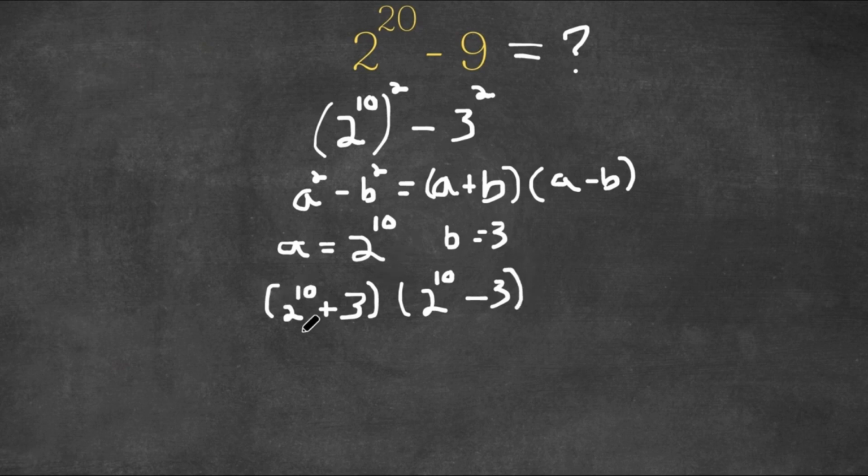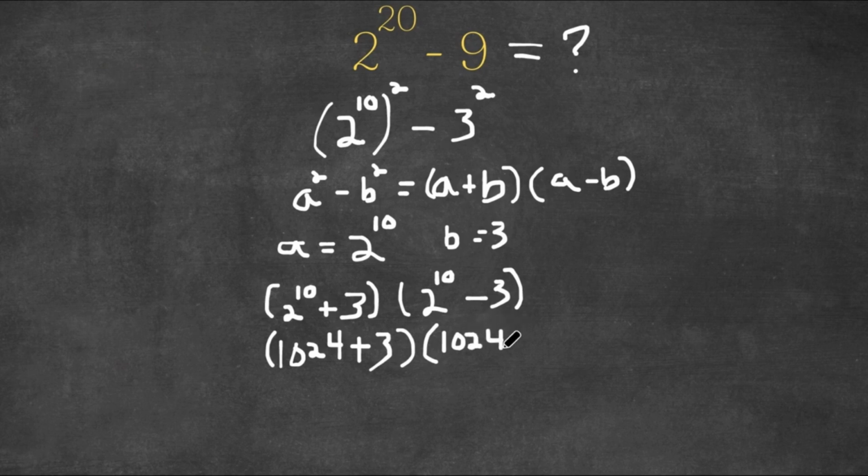Now, 2 to the power of 10 is 1024. And we still have our plus 3. And now we have 1024 minus 3.